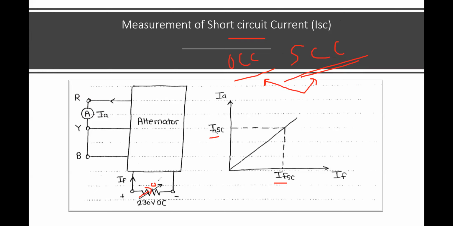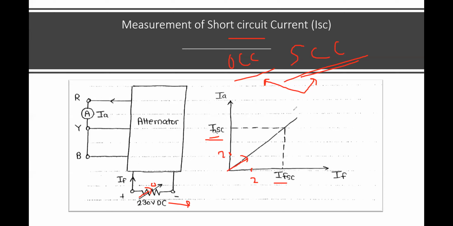After that, I slowly increase the field excitation. Because of the short circuit current and the armature winding on the alternator, my armature current slowly increases. If I consider this is 2 ampere, then simultaneously the armature current varies with 2 ampere, because this is linear.